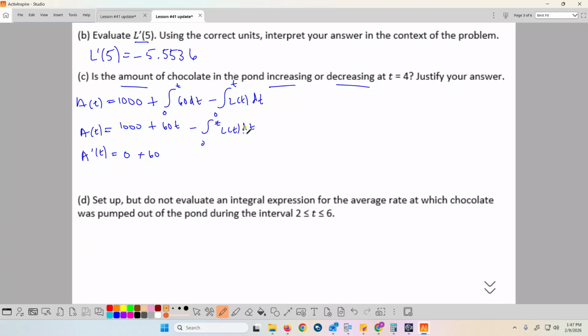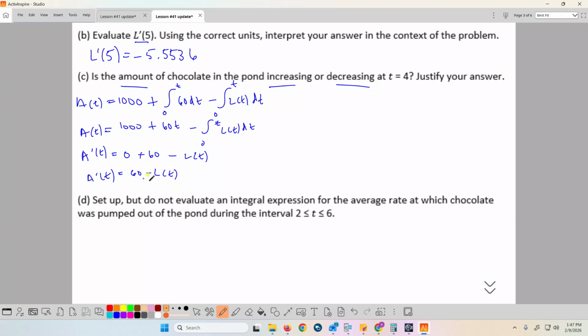And the derivative of this definite integral of L of t, which is a rate, just gives us L of t. Notice what we get: rate in minus rate out. That's very important to recognize. It's almost like the main idea of this lesson today.